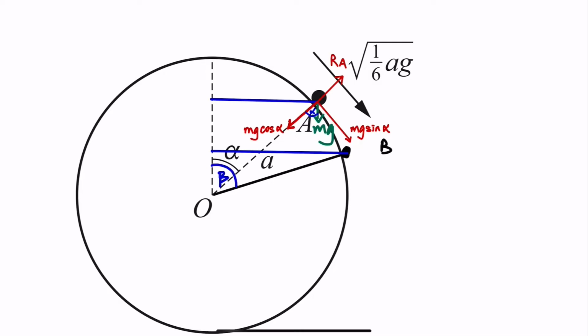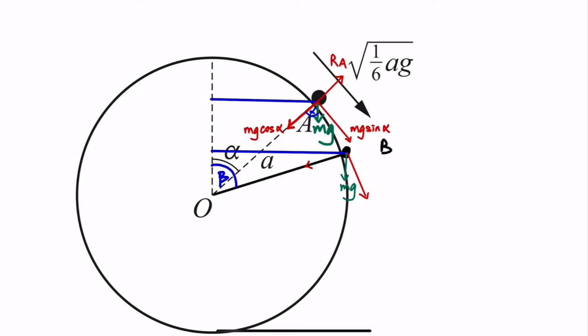Alright. So at B, similarly, we have our weight, mg, and we need to resolve it in this direction and this direction, right?